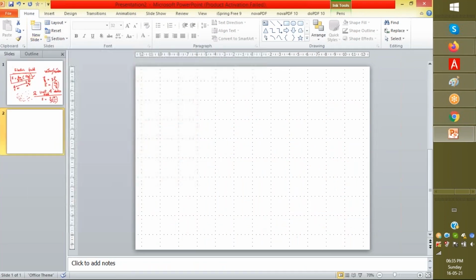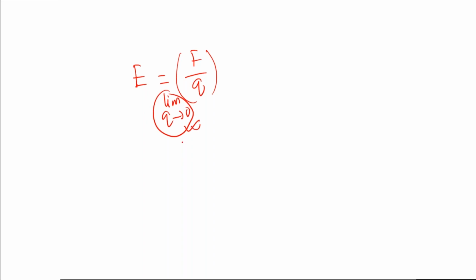So I said that E is equal to F by small q, and obviously there will be the limit q tending to 0. For the time being, for the definition purpose, we will not consider this. So E is equal to F by q. What is F? The Coulomb force.